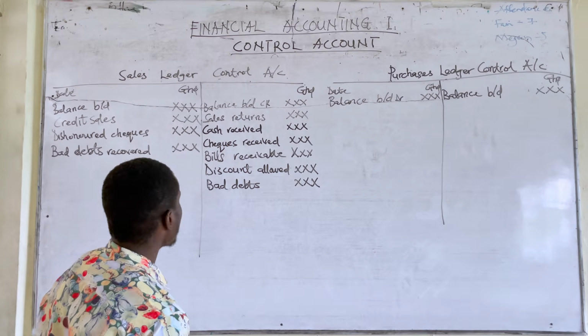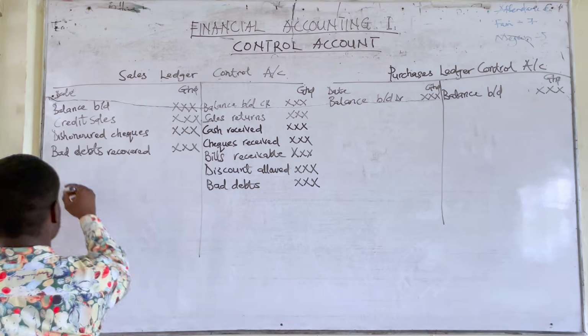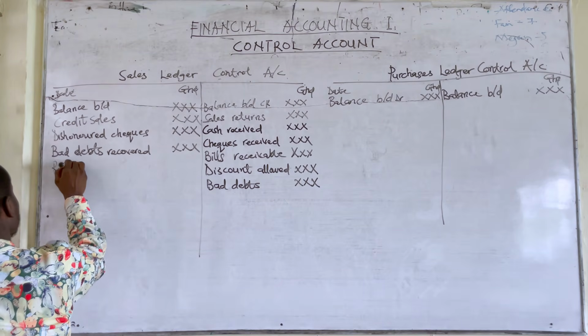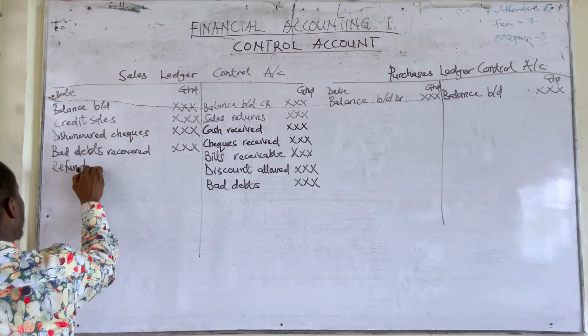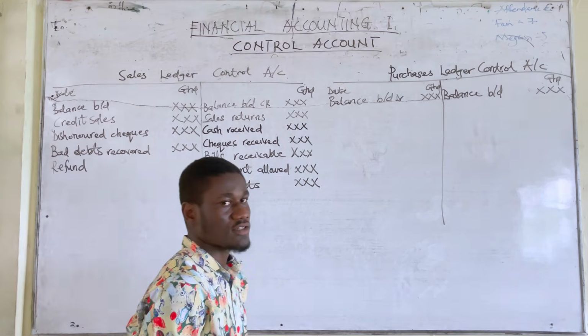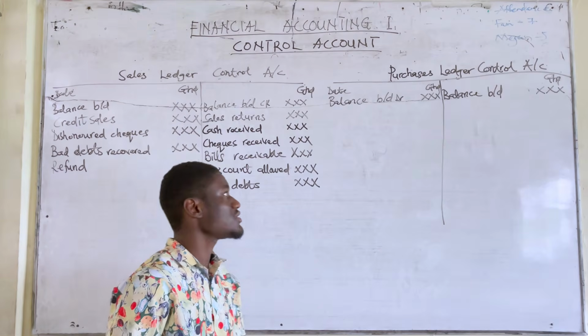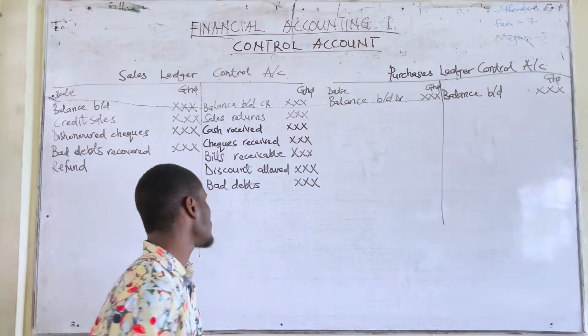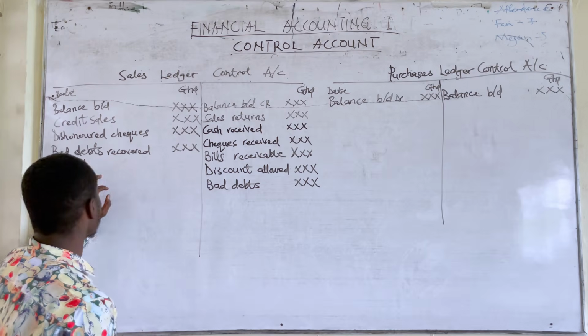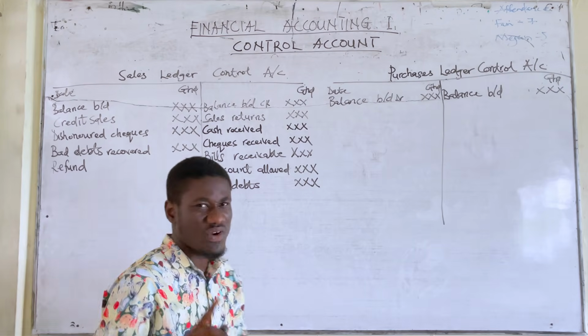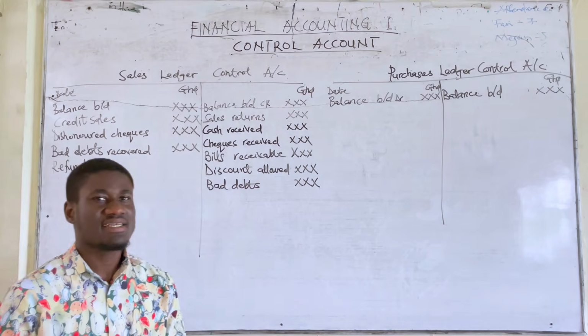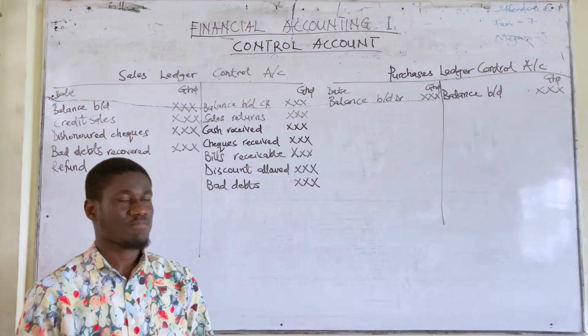Good. Now we have refund. Refund to credit customers. As I said, we are not interested in cash customers or cash suppliers. Now, refund. It increases the debtor's balance.